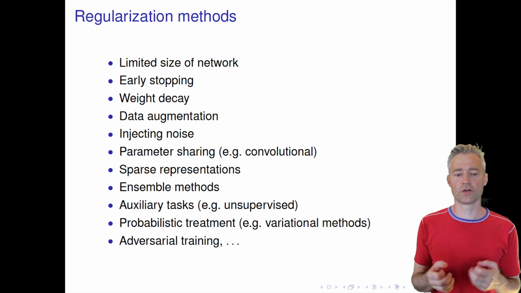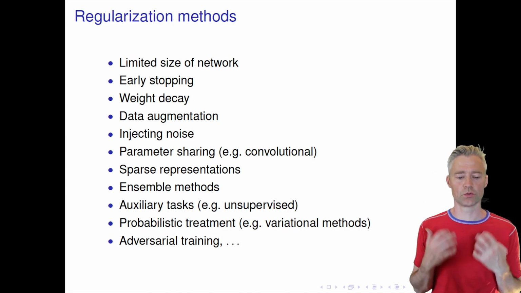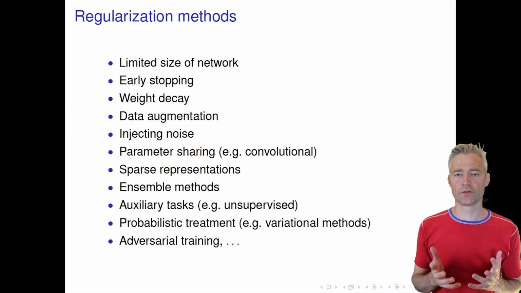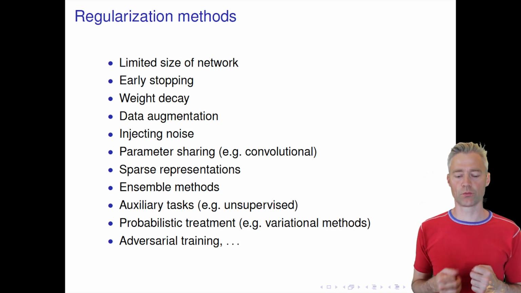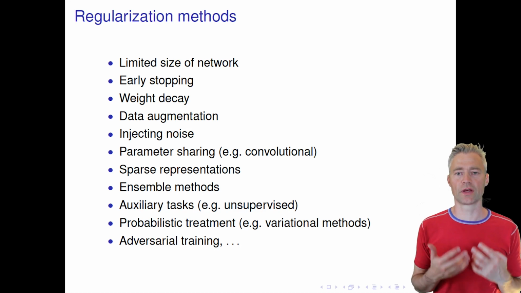Then we can add noise, as we saw in the previous example, and we can have parameter sharing, as I said. We can also have sparse representation. I will not talk so much about that. Ensemble methods are another way to do this Bayesian approach. It's kind of a poor man's Bayesian approach, and we'll see dropout as an example of that. And then we can also have what is called adversarial training.